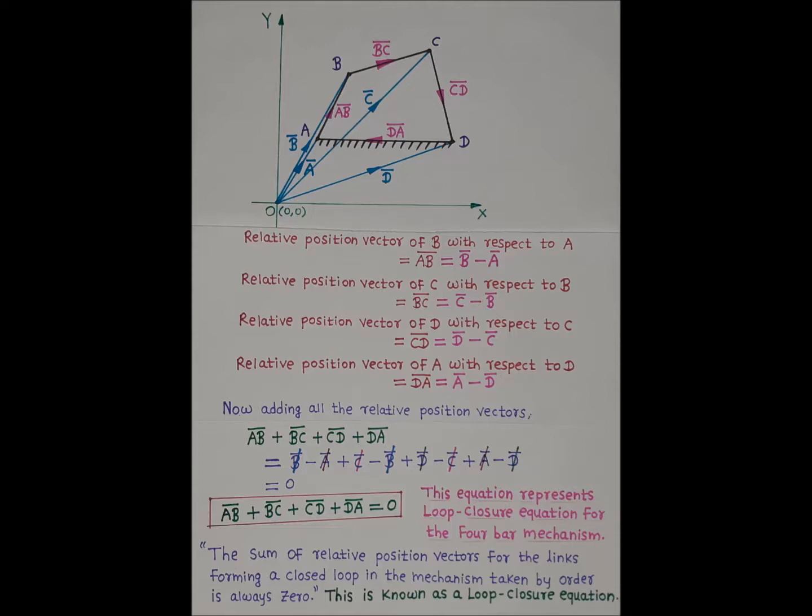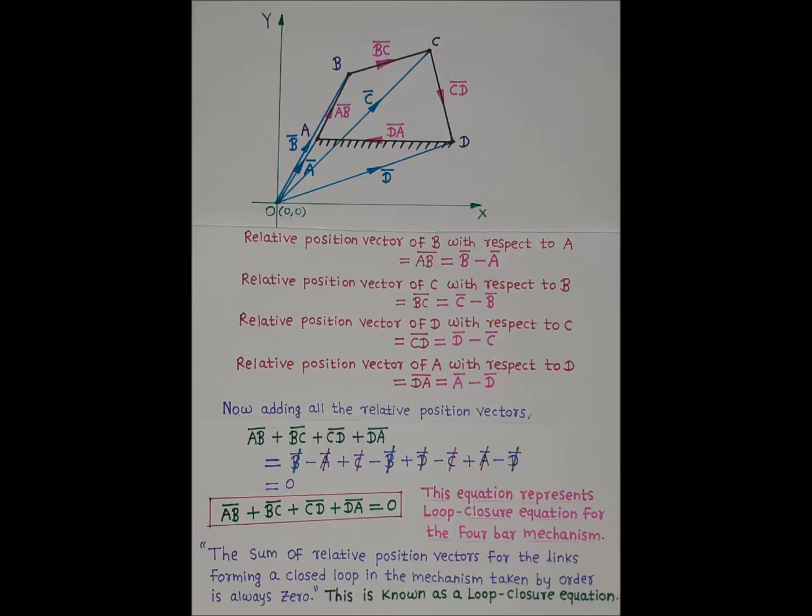Okay, and here we have obtained the same thing. Okay, AB bar, BC bar, CD bar, and DA bar. What are these terms? These are the relative position vectors. Okay, and obviously they are forming a closed loop in this mechanism.